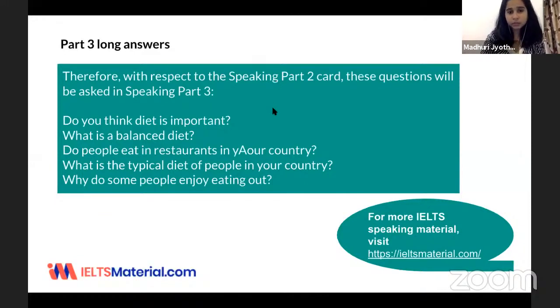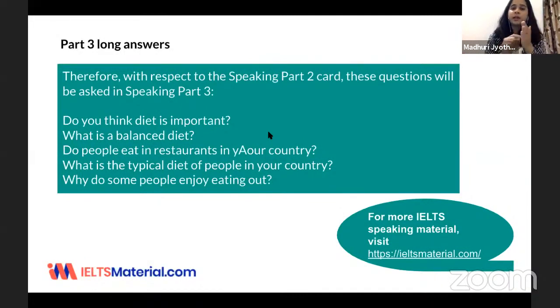Yes, you can see your notes, but I don't know if you'll have enough time to go through them, because that will create a lot of gap. So you can glance through it.